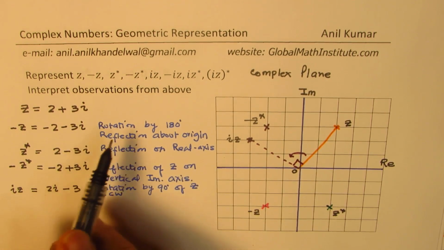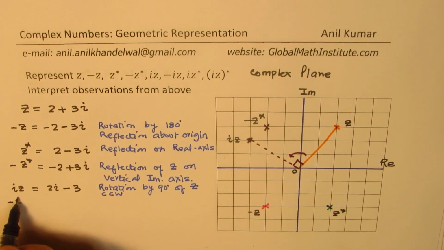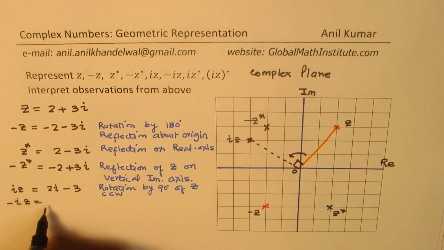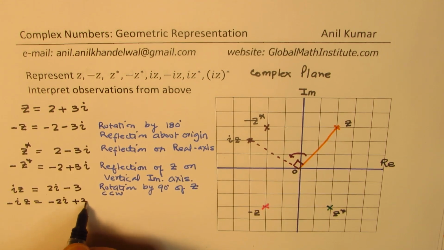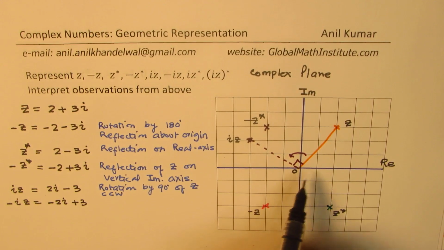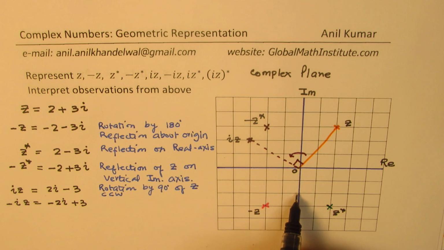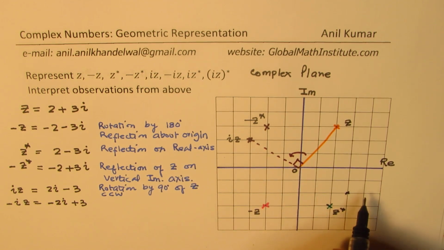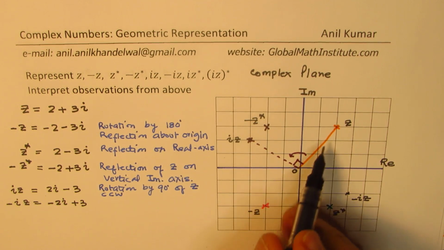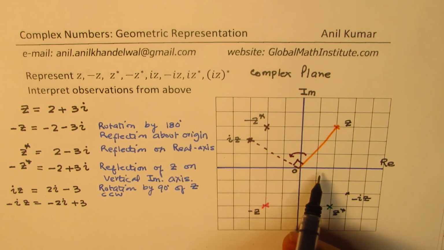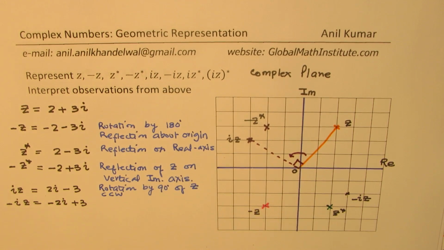Now let's see what is the position of minus iz. Minus iz will be minus 2i plus 3. And the position here will be minus 2i, and plus 3 means 1, 2, 3. So that is going to be the position. Let me mark this as minus iz. So as compared to the original position, it is clockwise rotation by 90 degrees, right?